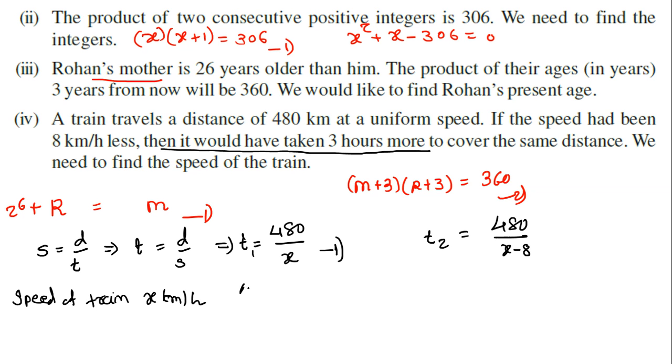So delta t, here we have to take delta t is equal to t1 minus t2.